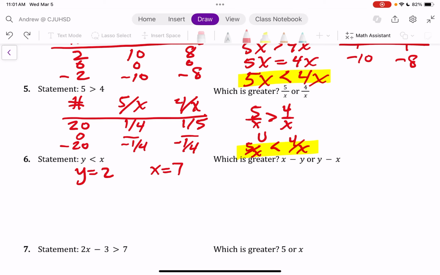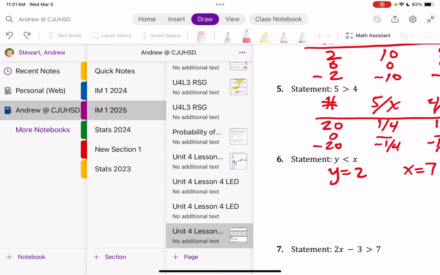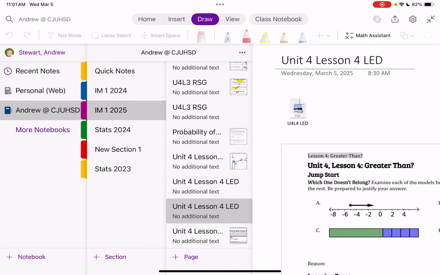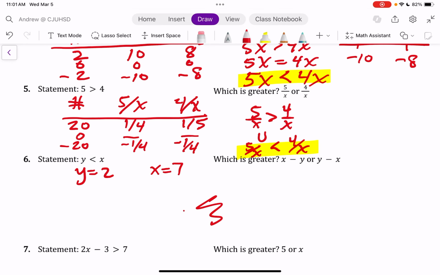I'm kind of stuck. I can't write. Let me just switch this real quick. There. Okay, for the numbers, I'm going to do x minus y and y minus x.